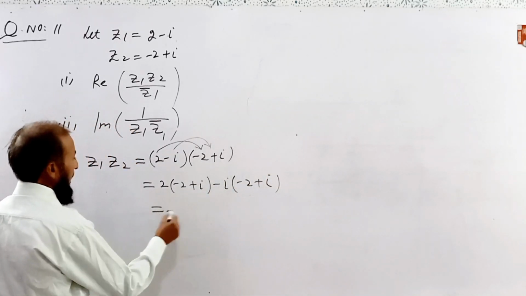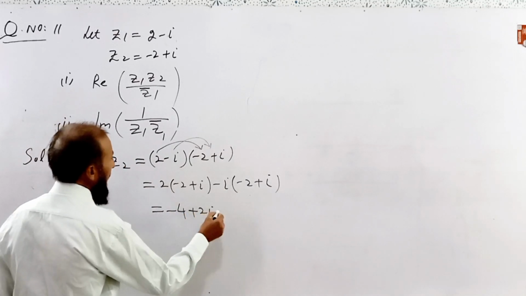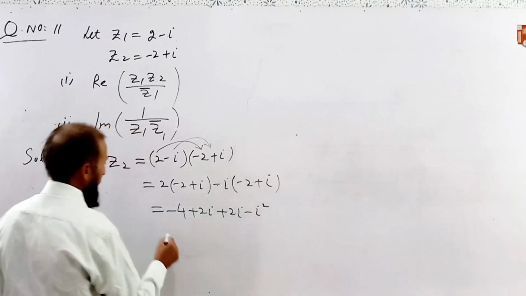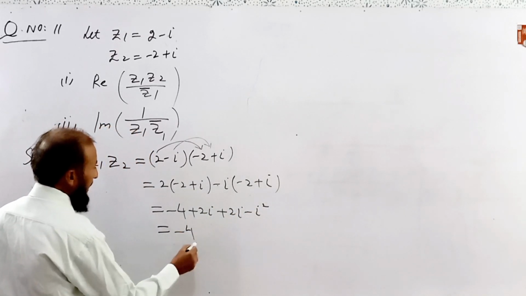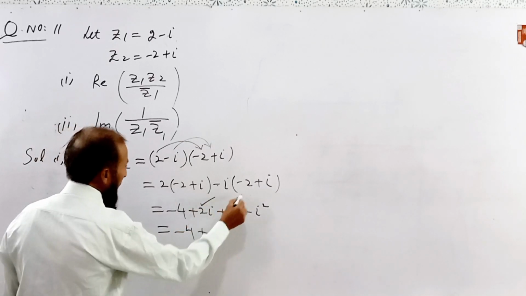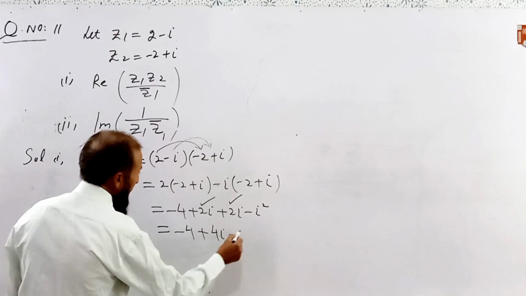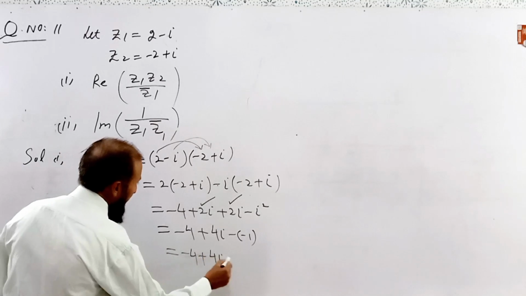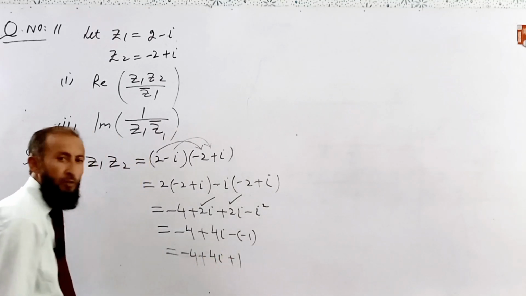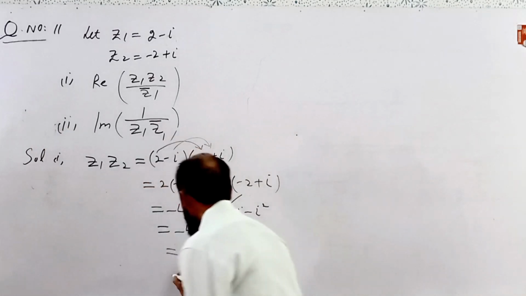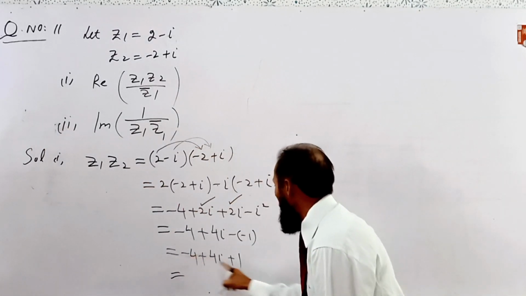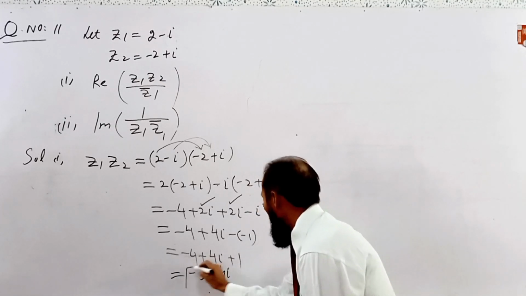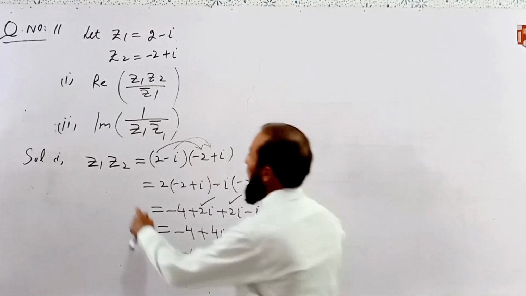Now open the brackets: minus 4 plus 2 iota plus 2 iota minus iota square. Now we simplify this one: minus 4 plus 2 iota plus 2 iota minus 1. So minus 4 plus 4 iota plus 1. So we further simplify: minus 4 plus 1 is minus 3 plus 4 iota. Here we get the answer z1 z2.